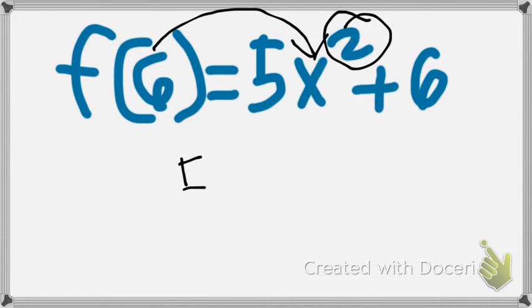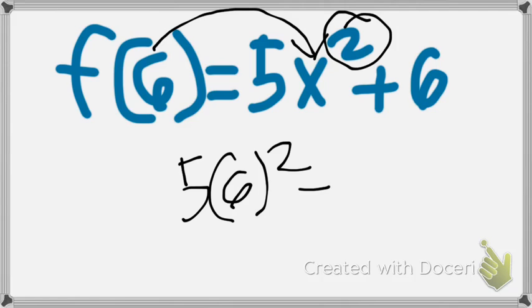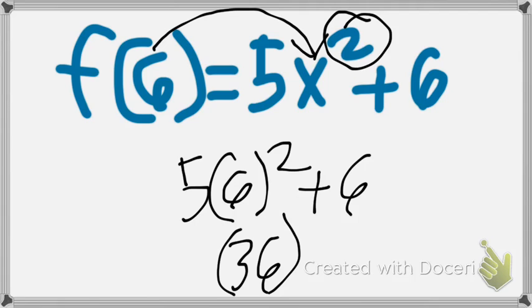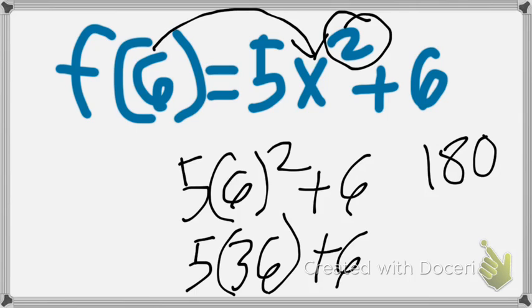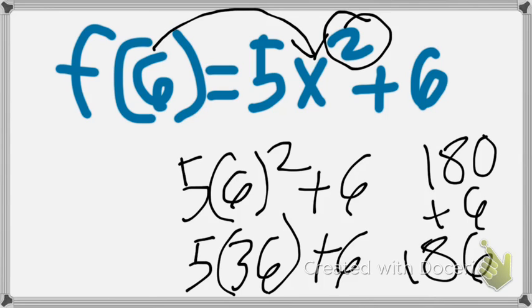So you're going to go 5 times 6 squared plus 6. Simplify the 6 squared, which is 36, and then multiply that by 5. You get 180, plus 6, 186. The function of 6 equals 186.